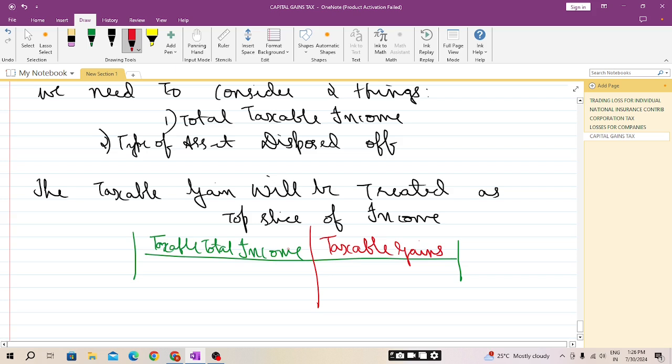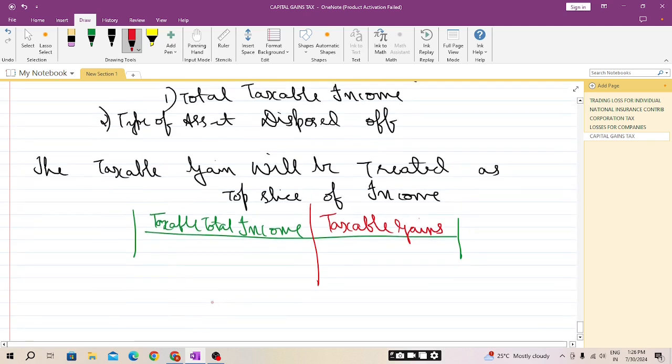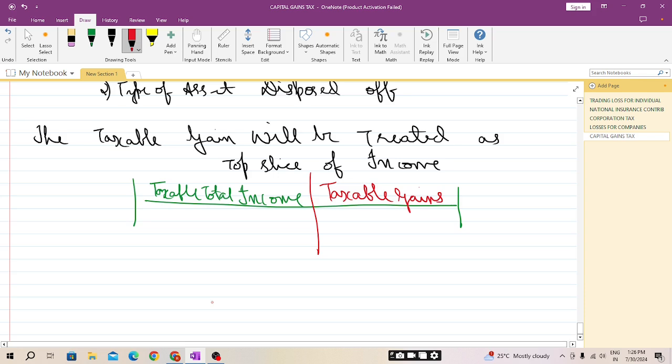I hope this is clear. The first step is we need to see the taxable total income. After the taxable total income, the taxable gains will come. But students, an important point to note is that CGT computation and income tax computation are both different. Only to determine the CGT rate we are using this.